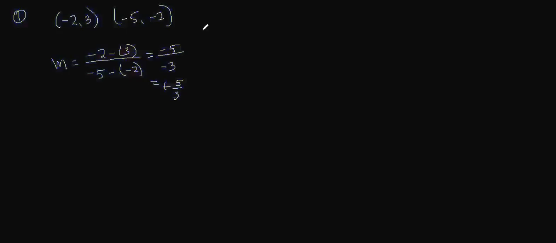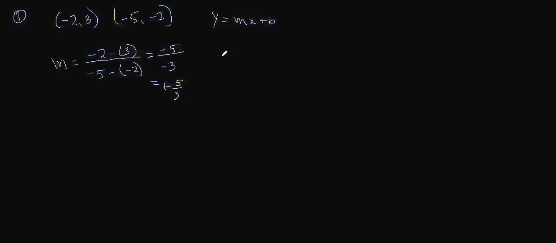Now, there are several ways to find an equation of a line. One of them would be to use these formulas. For example, this one would be the slope-intercept form, and what we need for that would be a slope. Of course, we have a slope, and we use one of the points to find where the line crosses the y-axis, or rather the y-intercept.